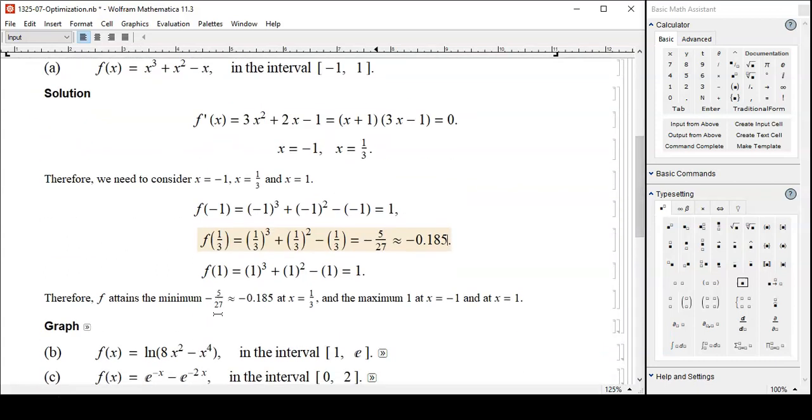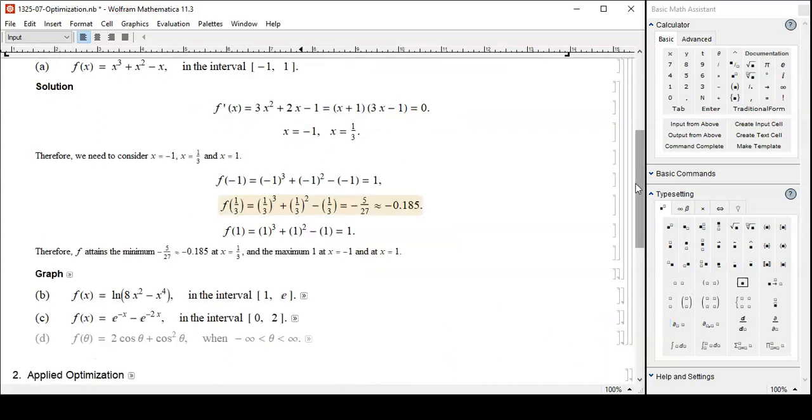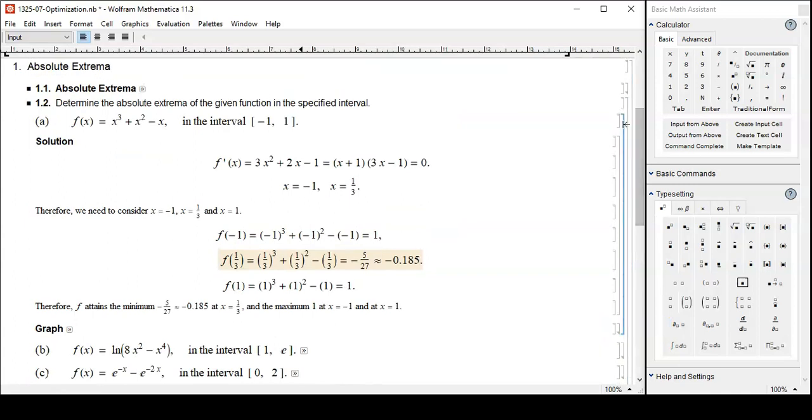Yeah, negative 5/27, not 5/17. I misread it earlier. Negative 5/27 at x equals 1/3. That's the absolute minimum. And absolute maximum 1, and that's shared at x equals negative 1 and x equals positive 1. Always begin from the graph.